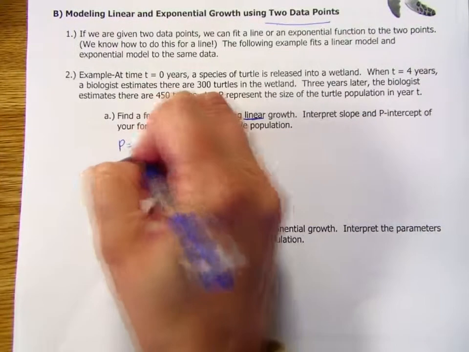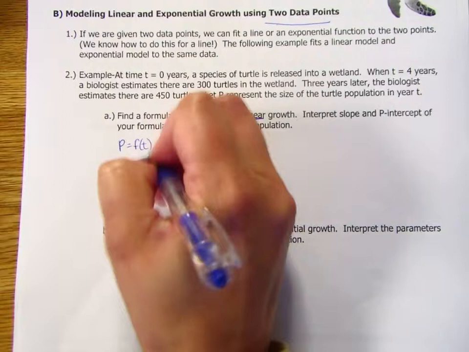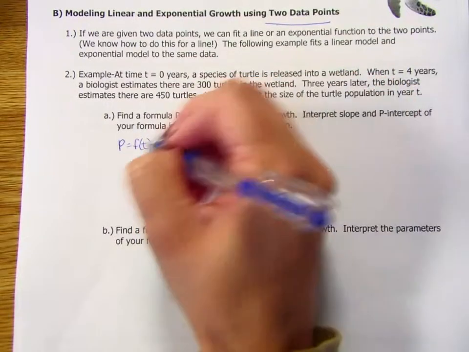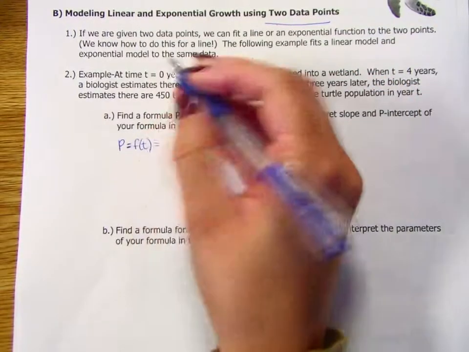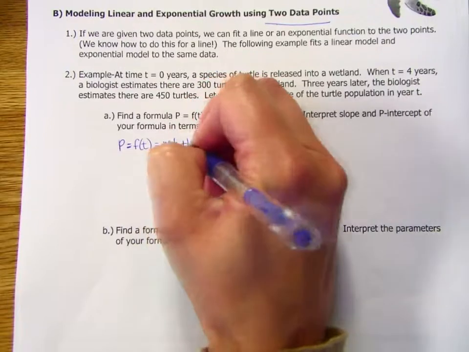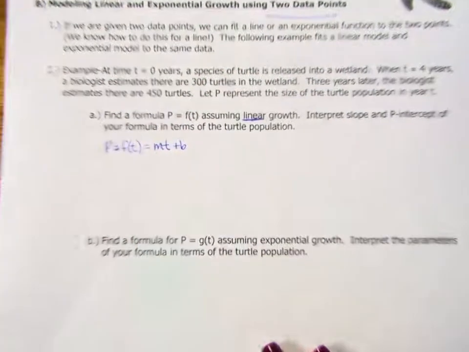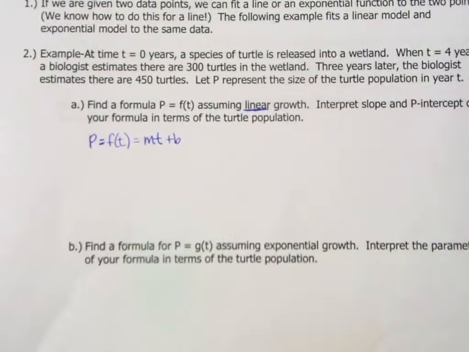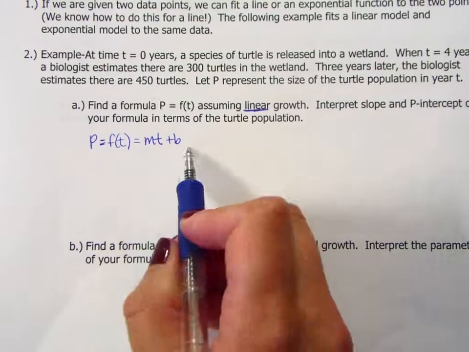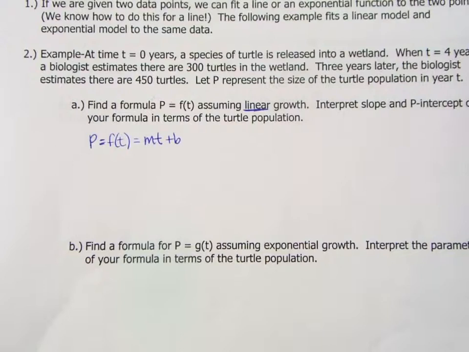So p equals f of t. This is going to be essentially y equals mx plus b, but in this case, mt plus b form. They want us to use t instead of x. So we need 2 things. We need the slope and we need the y-intercept.